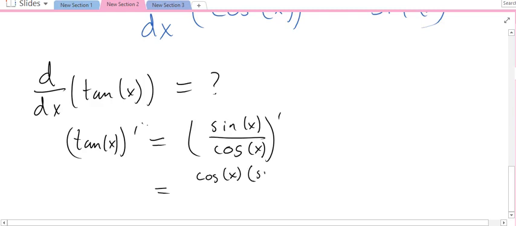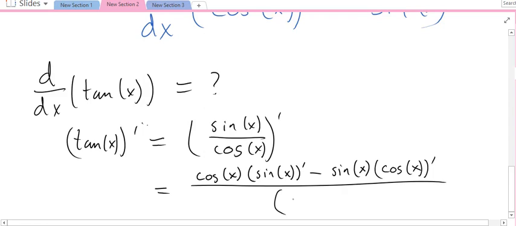I'll write it out in steps here. So sine of x prime, minus the top function times the derivative of the bottom function, so cosine of x prime here. And then we're going to have the square of the function on the bottom.